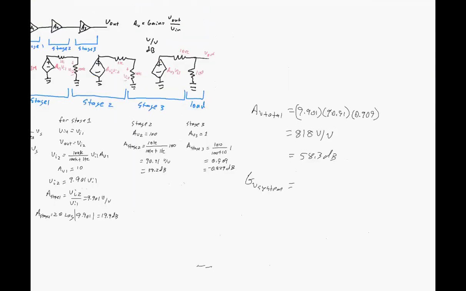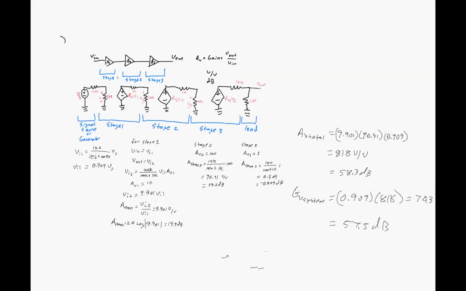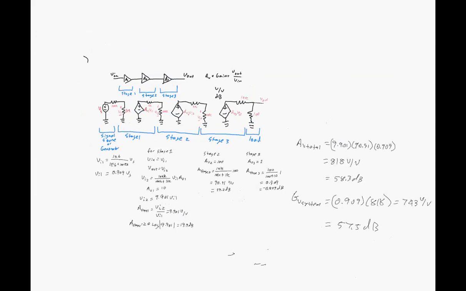So 0.909 times 818, and we get 743 volts per volt. And that would be equal to 57.5 dB. Now we could have just added up those dBs and gotten exactly the same thing, because for gain in dB we add, and for gain in volts per volt we multiply.